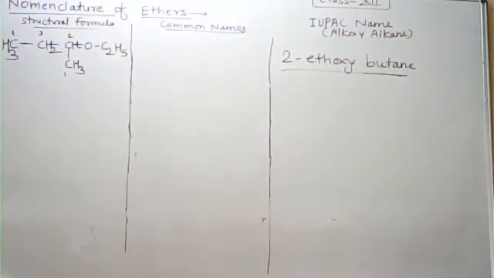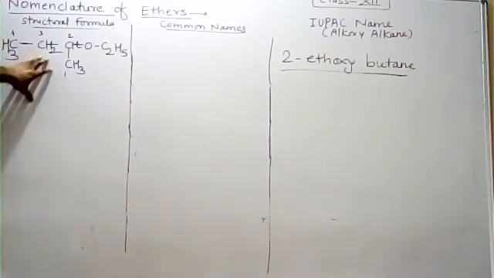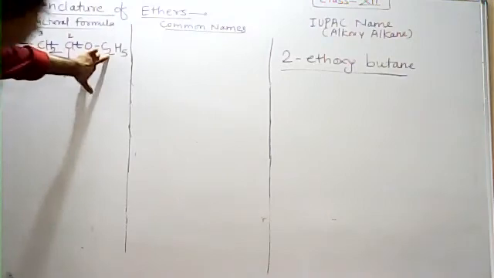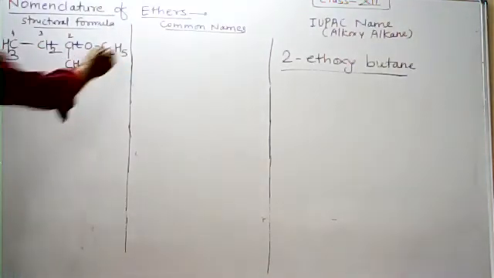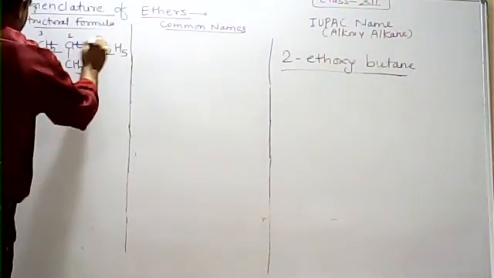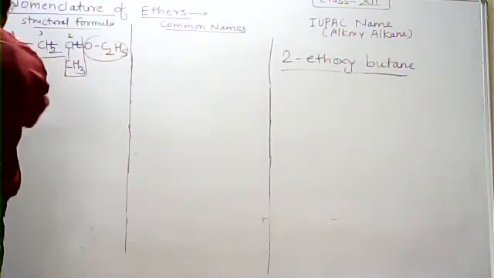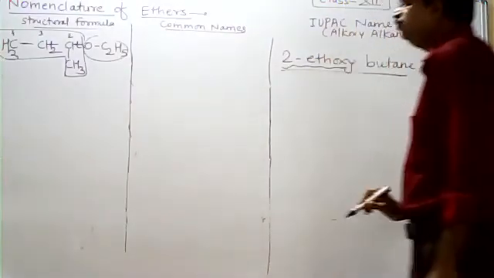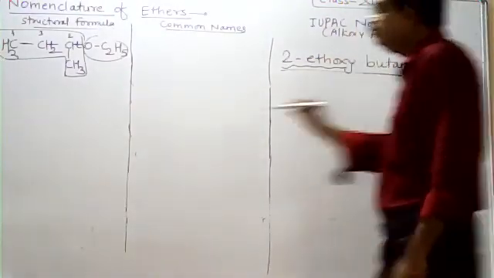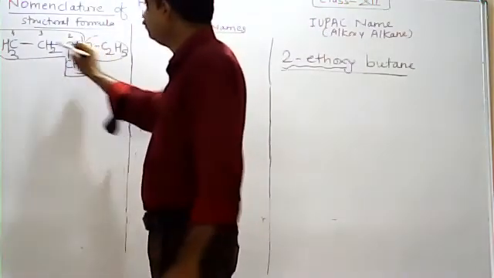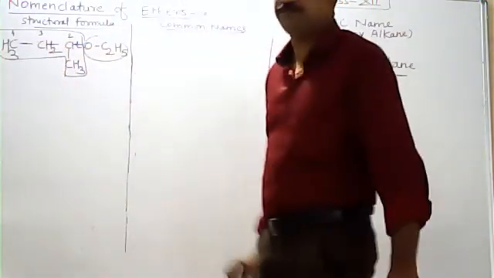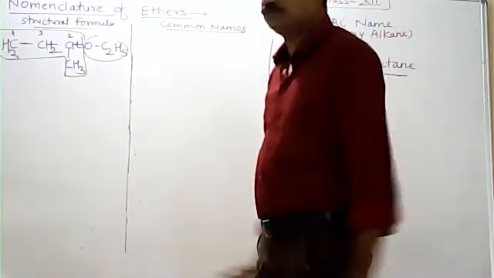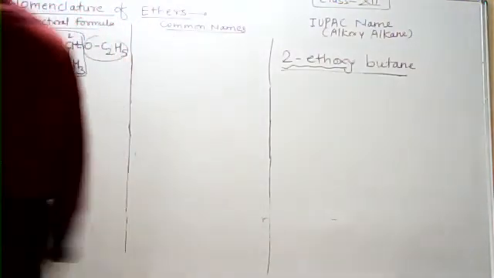So this is the structure: CH3, CH2, CH, CH3, with the CH attached to oxygen, then C2H5. OC2H5 means ethoxy, which is attached to carbon number 2. So it is 2-ethoxy and 4 carbon atoms. Parent alkane name is butane. Okay.